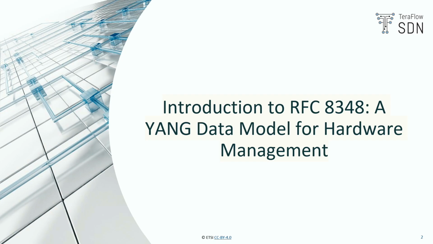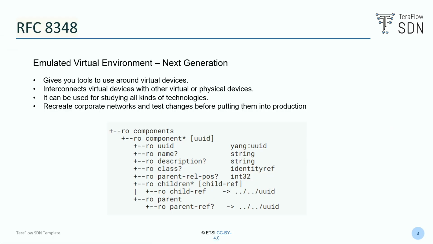So the hardware inventory of the IP devices is defined in this RFC. With this RFC, we define the YANG model with all the information that we want to store about the hardware inventory of the devices.